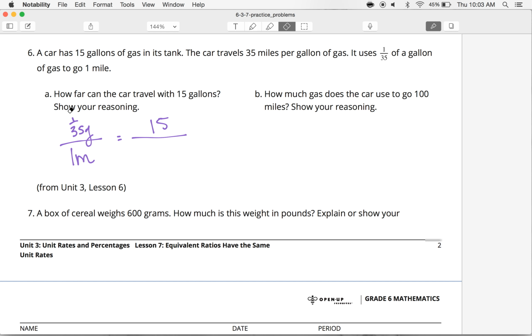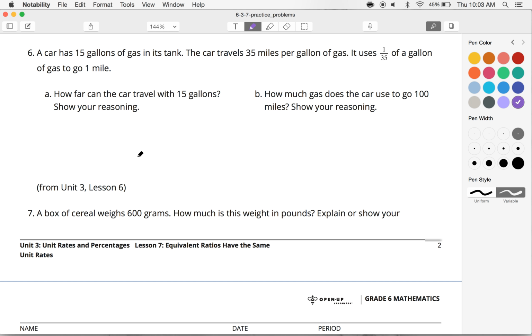So you could do this. I'm actually going to use a chart to help us solve this one. So for here, I'm going to think about it like this. 1 gallon can give me 35 miles. So then I can think of it as 5 gallons could then give me 175 miles, because I'm getting from 1 to 5 by times 5.